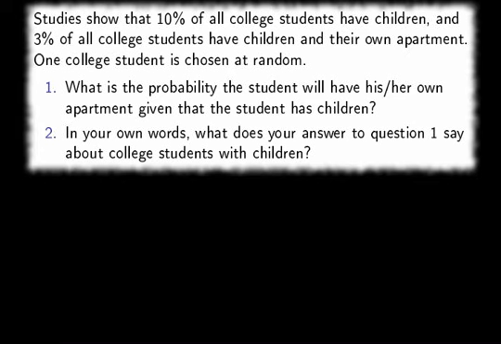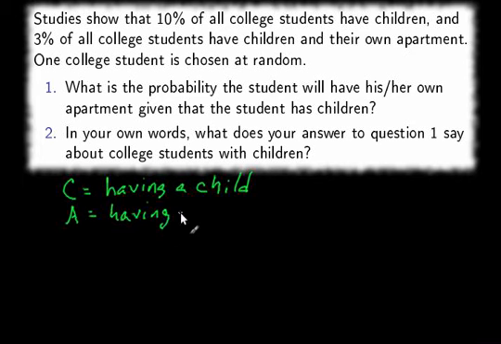So let's summarize the information that we have and the information that we are asked for. What we have, if we let C equal the event that the college student has a child, and let A equal having their own apartment.